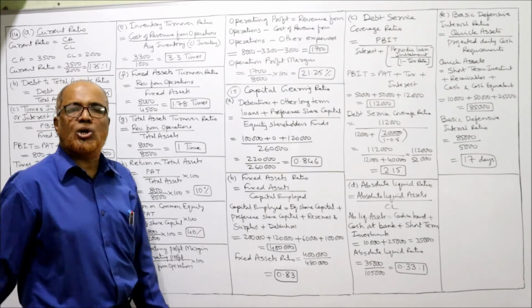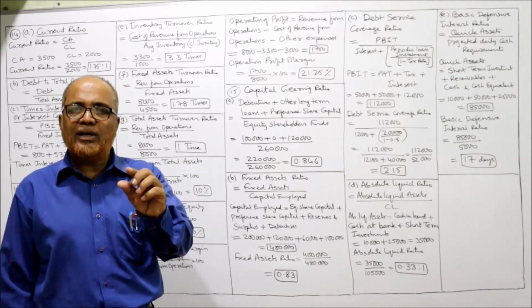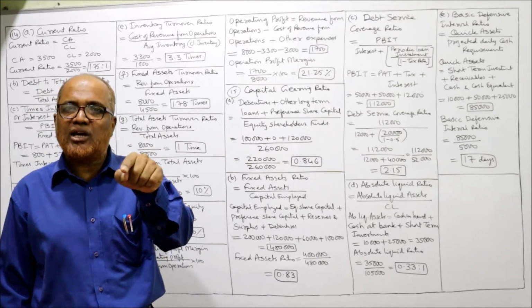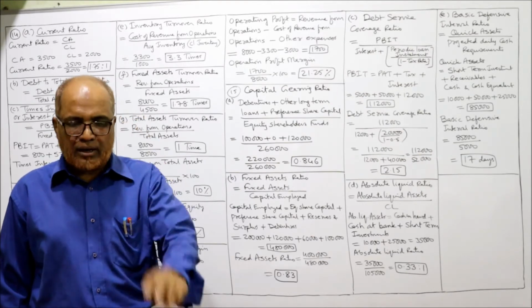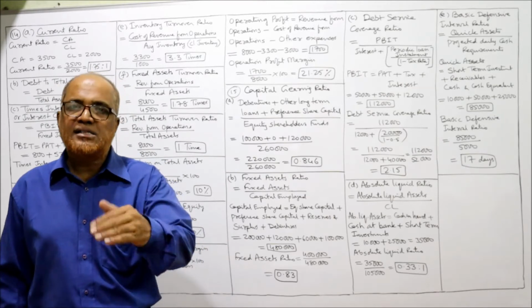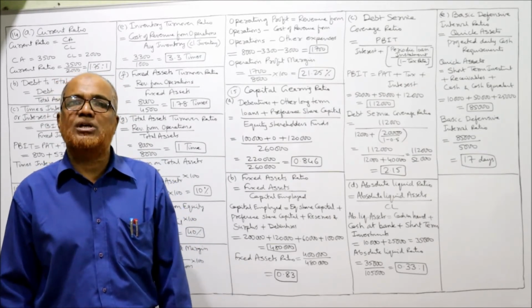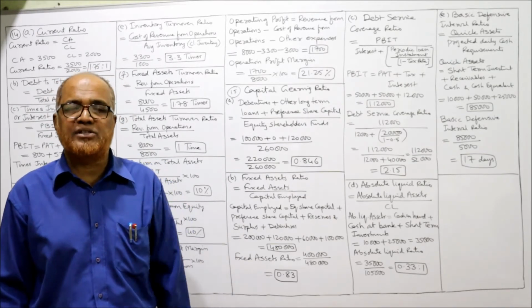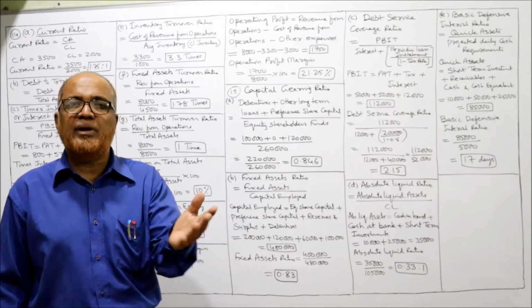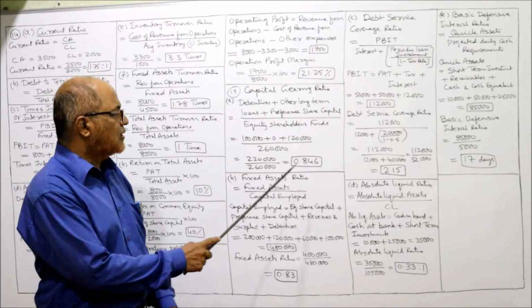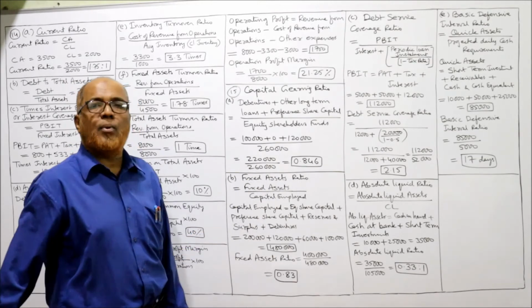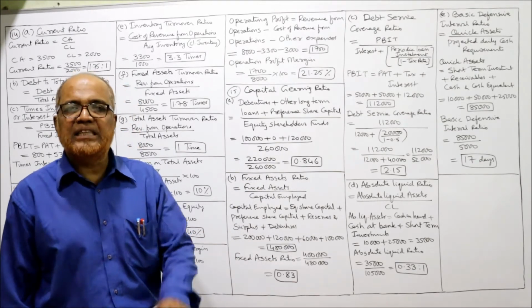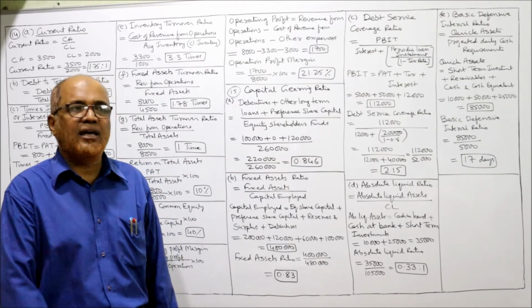Denominator, equity shareholders fund: equity share capital 2 lakh rupees and reserves and surplus 60,000 after deducting preliminary expenses. So 2,20,000 divided by 2,60,000, 0.846. This is the capital gearing ratio.